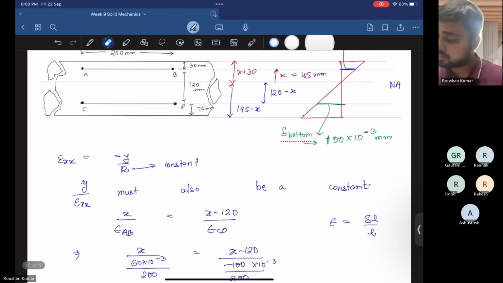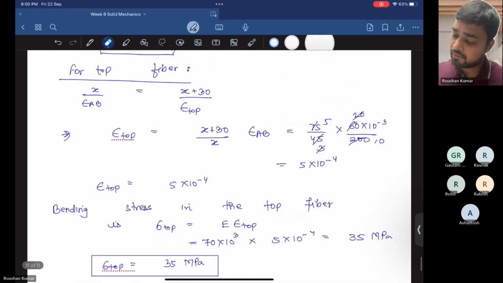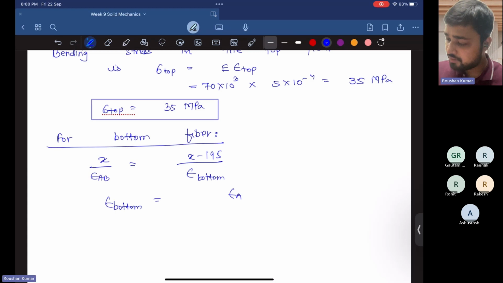So x upon epsilon AB equals minus 195 upon epsilon of bottom fiber, and epsilon of bottom fiber is epsilon AB into x minus 195 upon x.